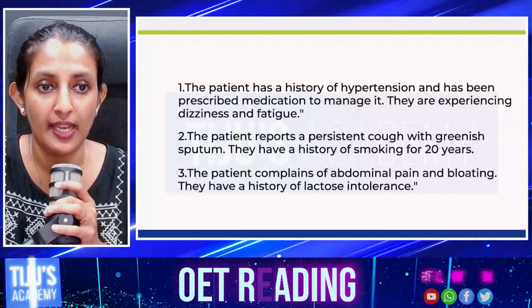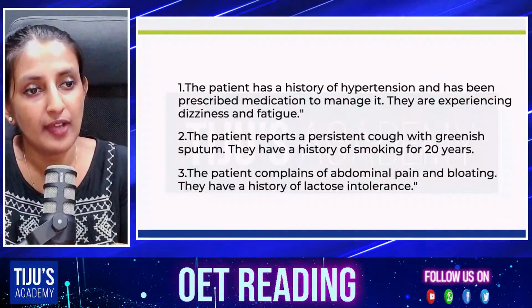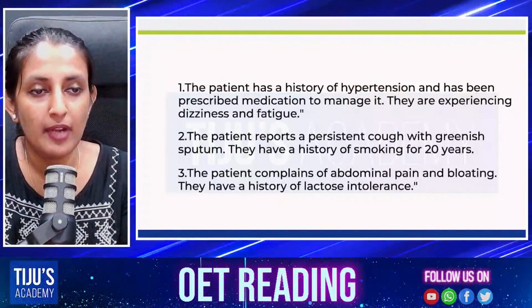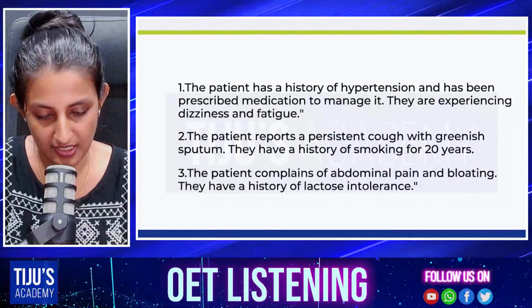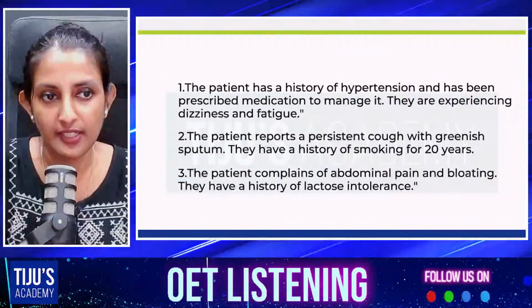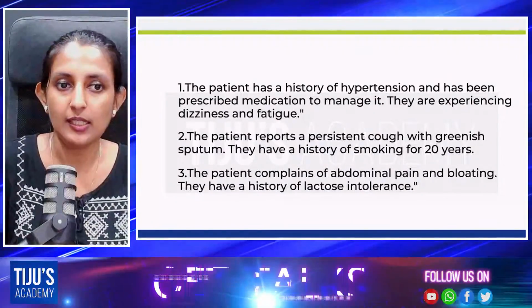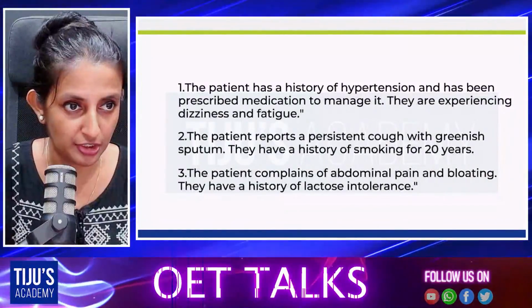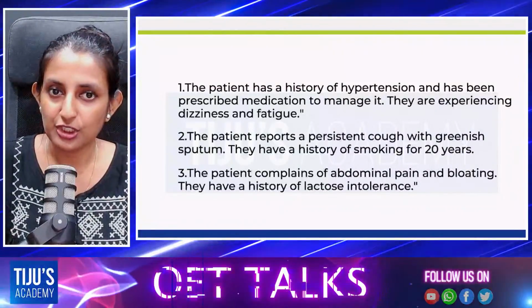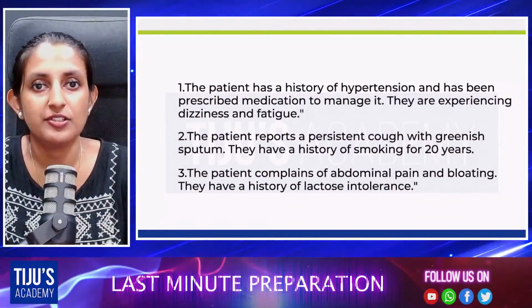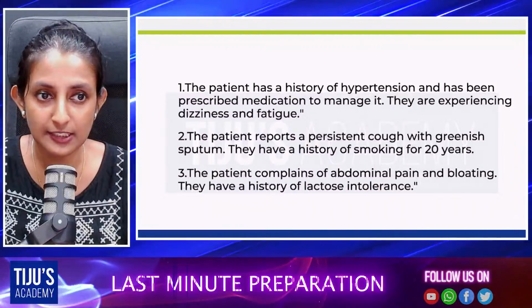Here it is mentioned that the patient has a history of hypertension and has been prescribed medication to manage it. They are experiencing dizziness and fatigue. This is how it is mentioned in the case note. So for hypertension this patient is taking the medicine also.